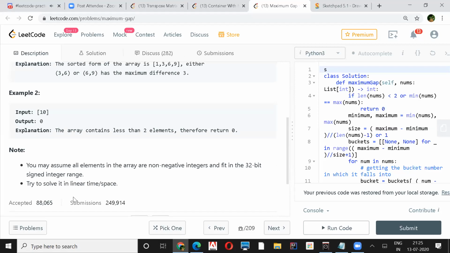No, I don't think so, because the second example says 10. If you use something like counting sort, that won't be applicable here, right? We'll take as a base case that if the element count is less than 2, it returns 0, because for finding the successive difference, we need at least 2.